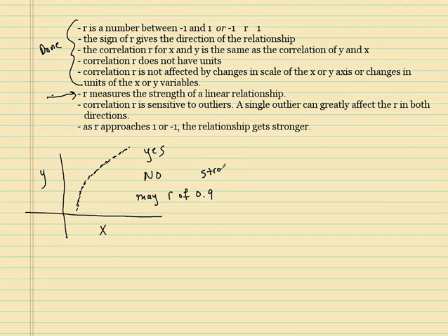So if you go on your way and start describing how strong this relationship is, you're making a huge mistake, because the relationship's not linear in the first place. So you have to make sure that your relationship is linear. It's very, very important. Okay, so that's that.